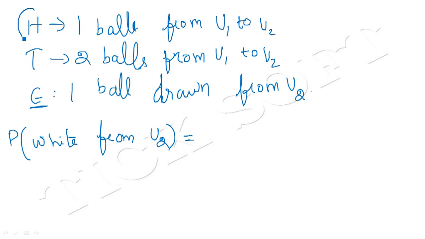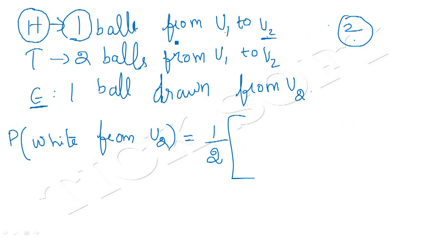First we are going to take the first case, that is when head appears. When head appears, we have to draw 1 ball from U1 and put it into U2. Then the number of balls in U2 will be equal to 2. From those 2 balls we have to take only 1 ball. So let us take 1 by 2. Now we take the first case, drawing the white ball.